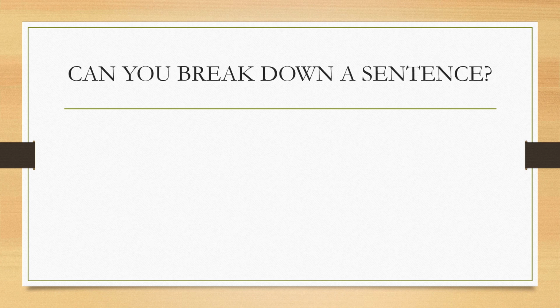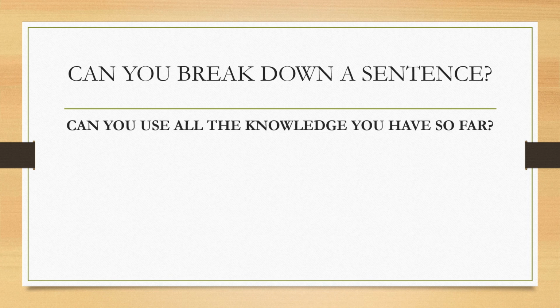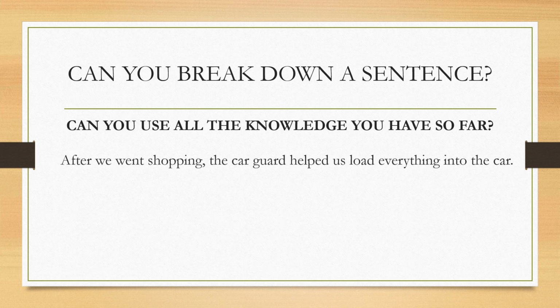Now let's break down an entire sentence, and we are going to use literally all the knowledge we have learned so far. Here is the sentence: After we went shopping, the car guard helped us load everything into the car. Now, I find it best when I have to analyze a sentence to first start with my clauses, because there will definitely be clauses. There will definitely be an independent clause.